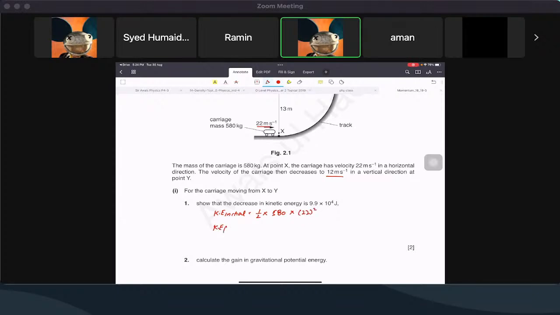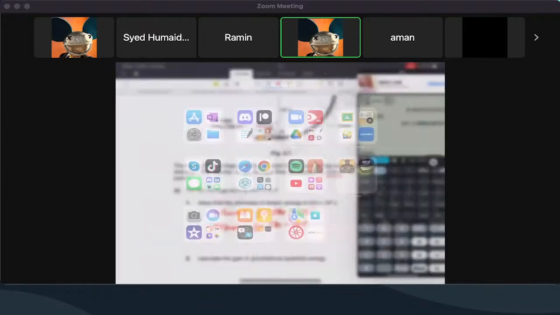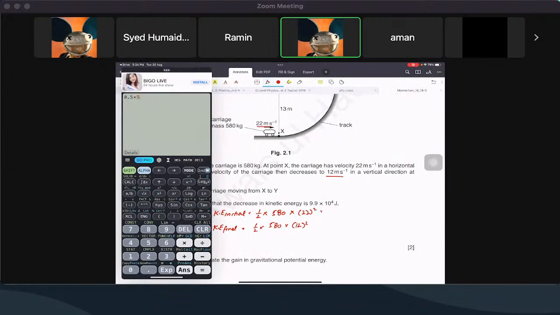Kinetic energy final is going to be half times 580 times 12 squared. On the calculator, you got 140360 joules, and here you got 41760 joules.